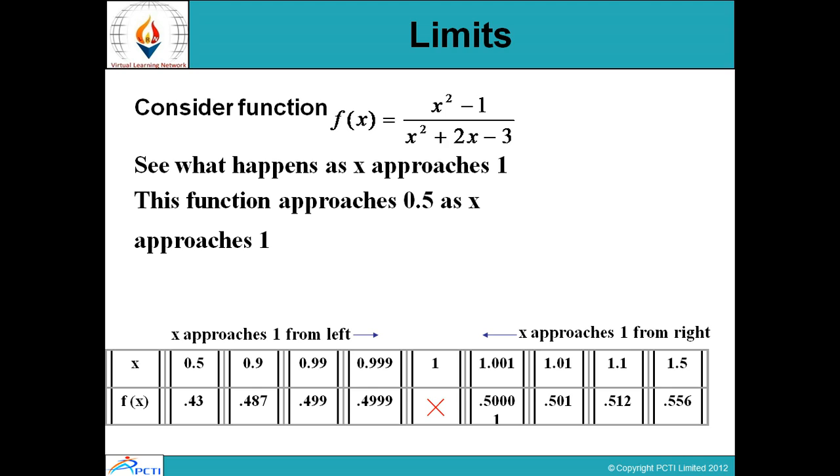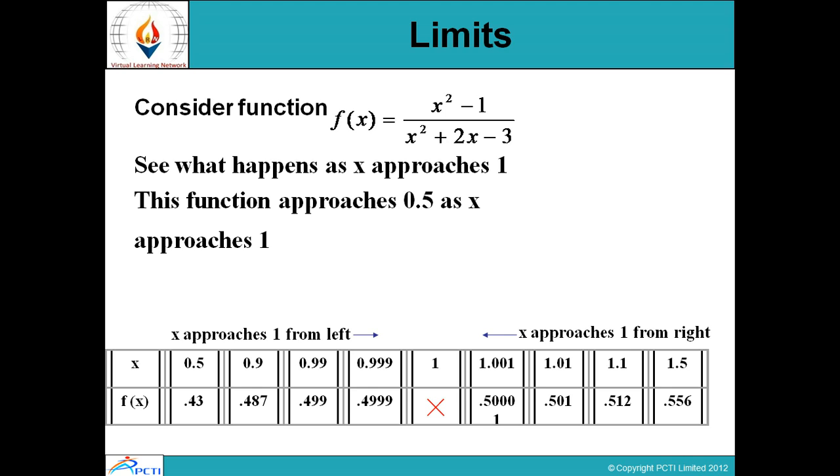If we put 0.9 in place of x, the value of the function is 0.487; at 0.99 it is 0.499; and at 0.999 the value of the function is 0.4999. If we put the value 1, nothing can be recovered. Then at 1.001, it is 0.5000, and so on.